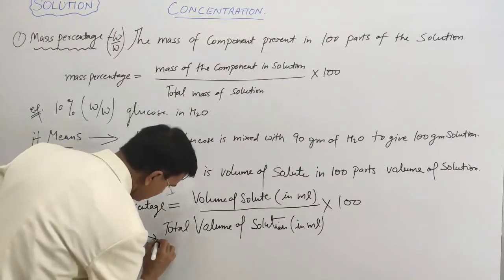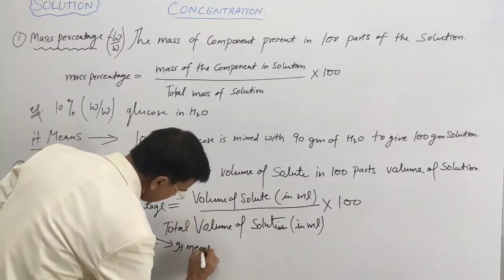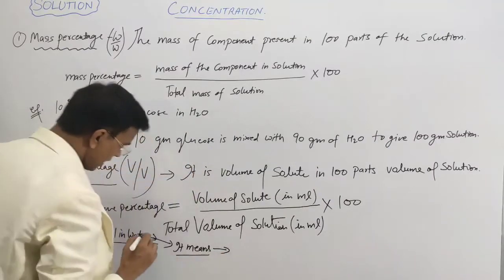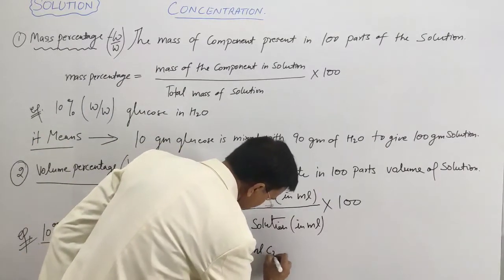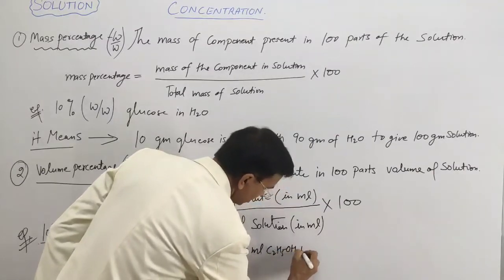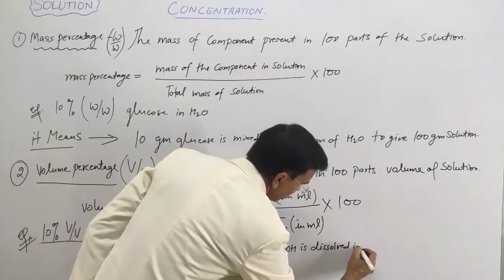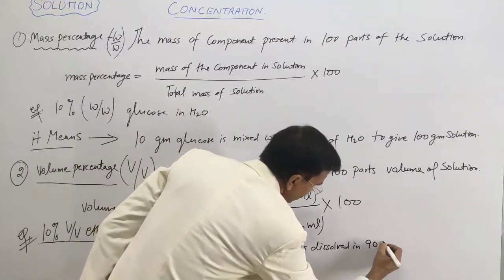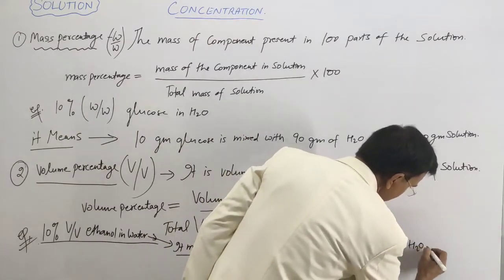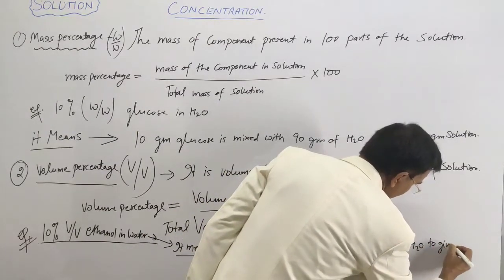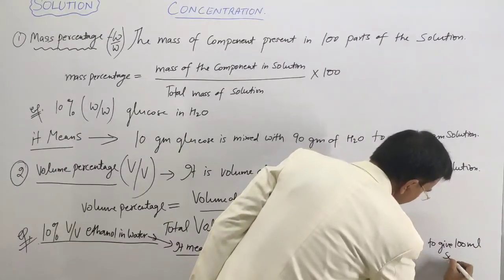It means that 10 ml C2H5OH is dissolved in 90 ml of water to give 100 ml of solution.